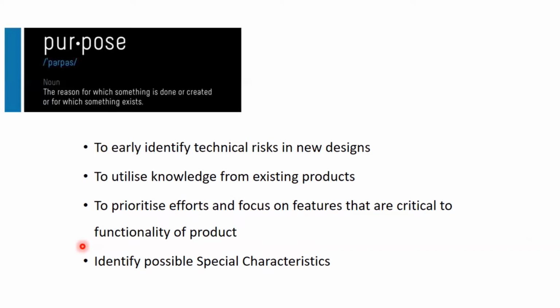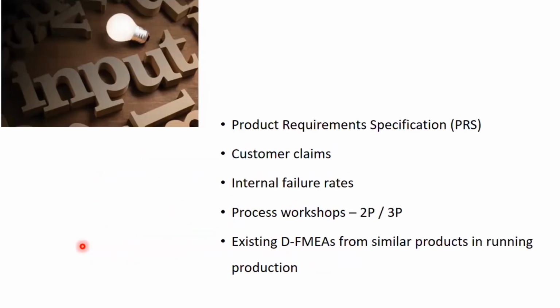Now, when we talk about any tool or a process of doing an analysis, we need certain inputs. So now let's see what are the inputs that are needed to perform a DFMEA. The major inputs that are needed are product requirements specification, shortly termed as PRS.